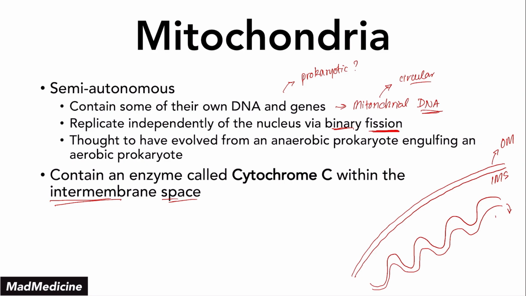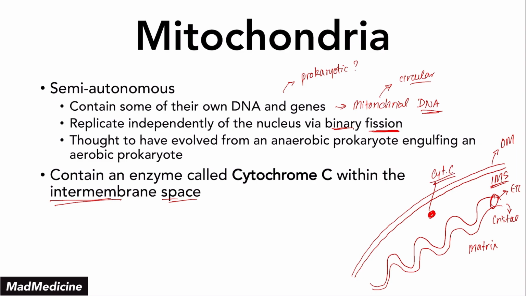This is your cristae, or your inner membrane, and this is your matrix right here, okay? Here is where ETC, electron transport chain, goes down. And cytochrome C is located right here in the intermembranous space. Cytochrome C.